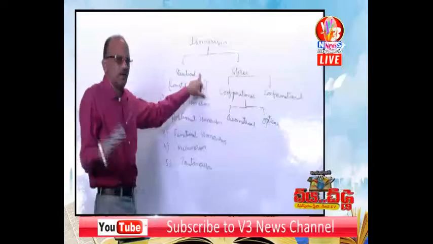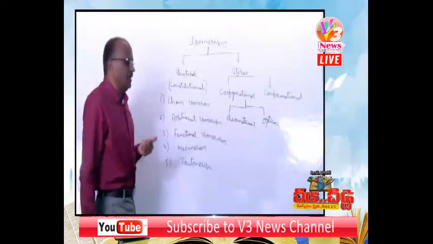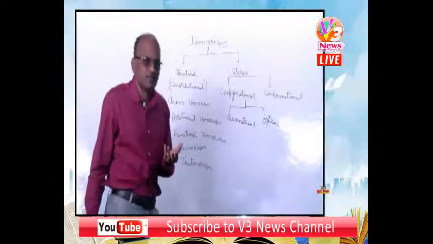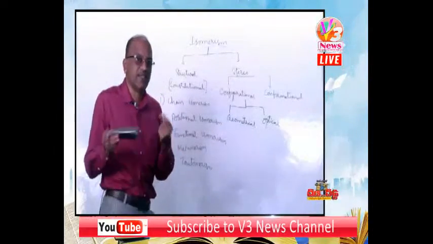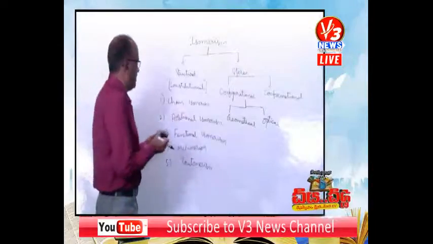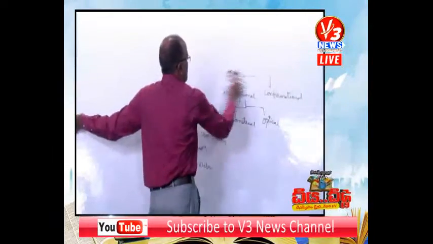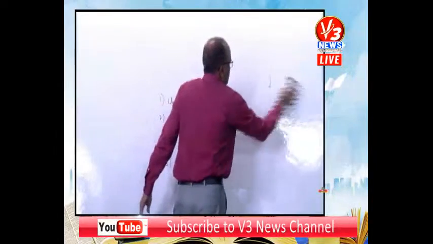First of all, you know what is structural isomerism. Existence of two or more compounds with the same formula but different structures are called structural isomers. Again in this we will see chain isomerism, or it is also known as skeleton isomerism.